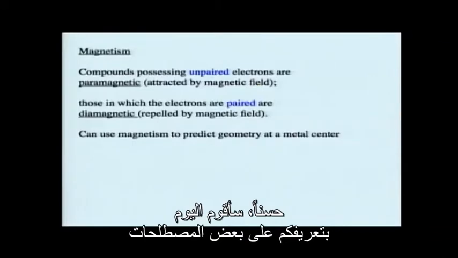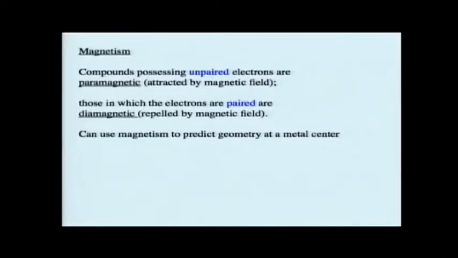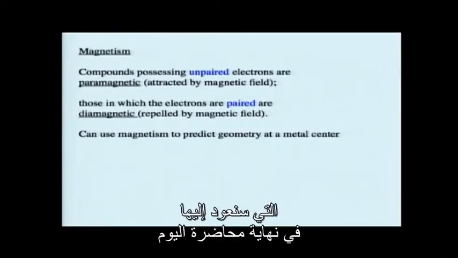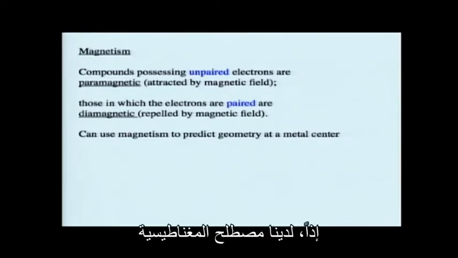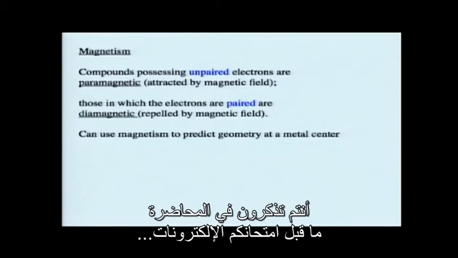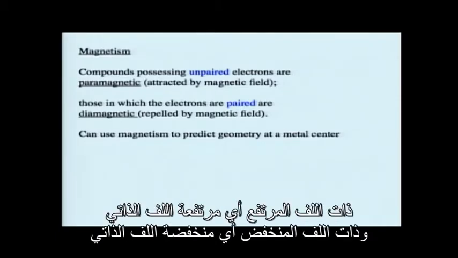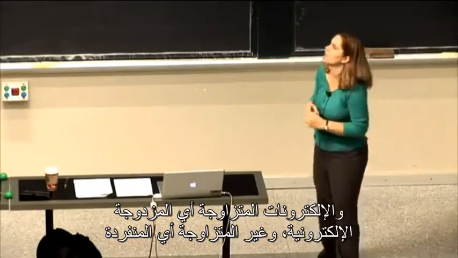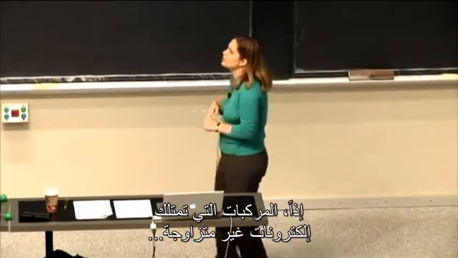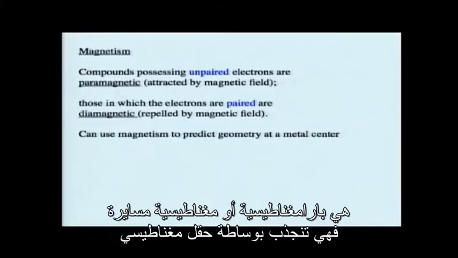I'm going to introduce you to some terms that we're going to come back to at the end of today's lecture. And then we're going to talk about the shapes of coordination complexes. So magnetism. We talked last time before the exam, if you remember, about high spin and low spin, unpaired electrons and paired electrons. Well, compounds that have unpaired electrons are paramagnetic.